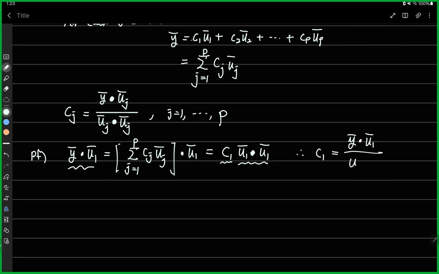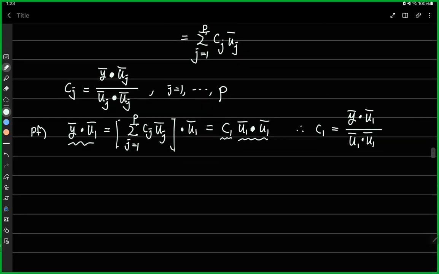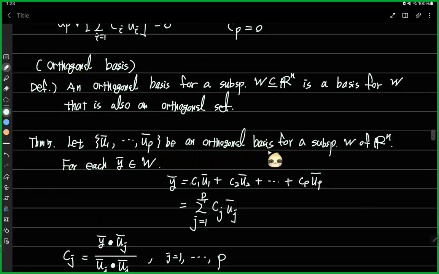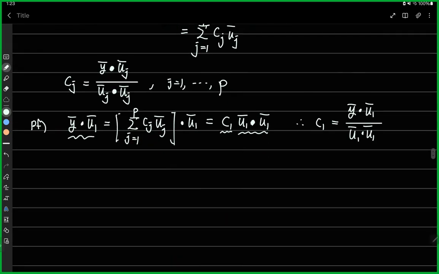And u1 is a non-zero vector, so you don't have to worry about the denominator being 0. Because we assume this is an orthogonal basis, which means that u1 through up are non-zero vectors. So the denominator is defined. Don't worry about that. And then c1 is this.